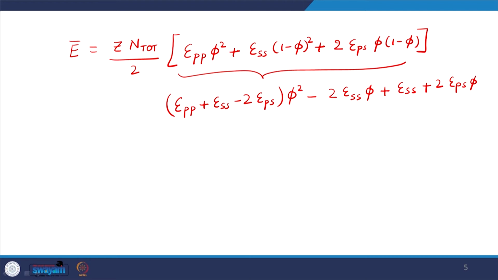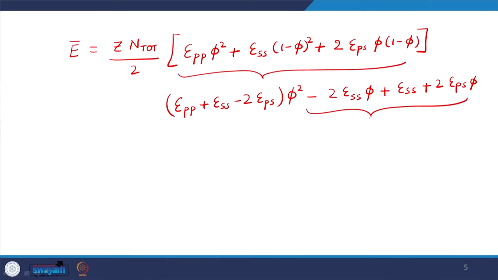For what we will discuss, it turns out that these linear terms are of no consequence in discussing the mixing and phase separation behavior. I will not derive it, but you can do the derivation keeping the linear terms, and you will figure out that these terms are not of consequence for what we are discussing.